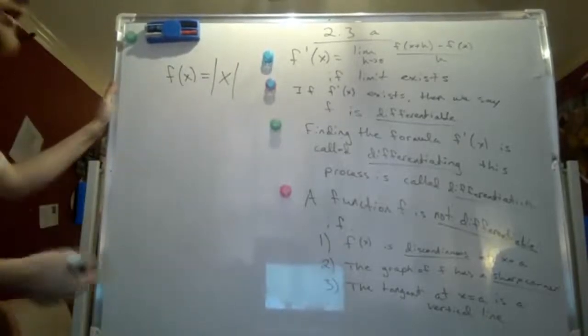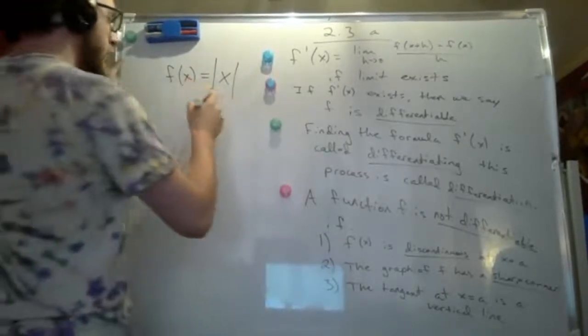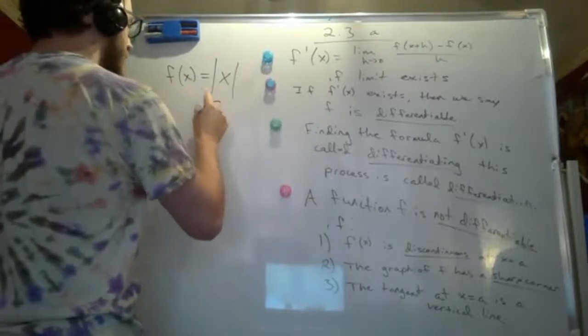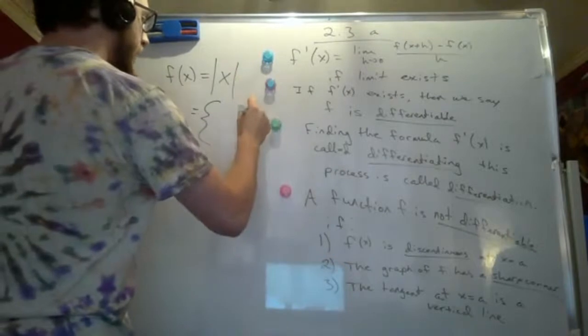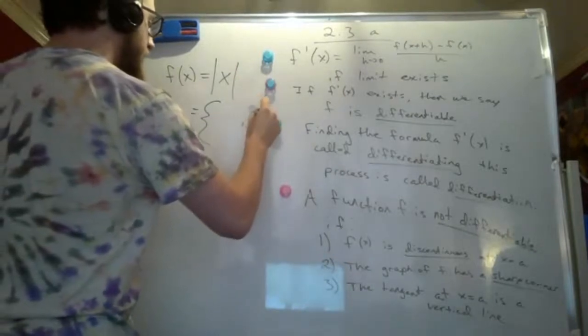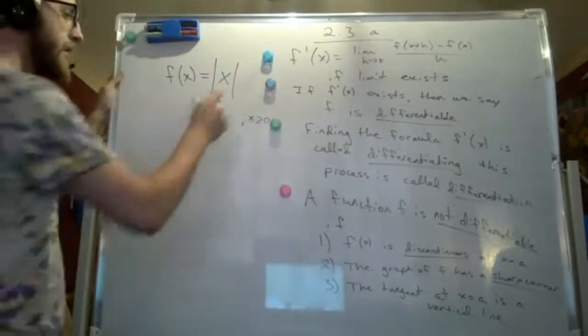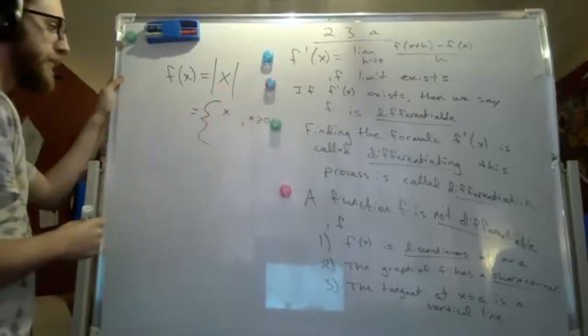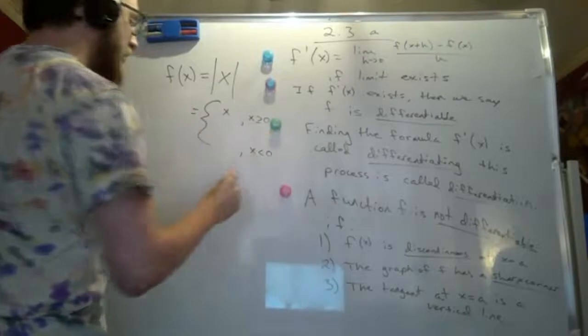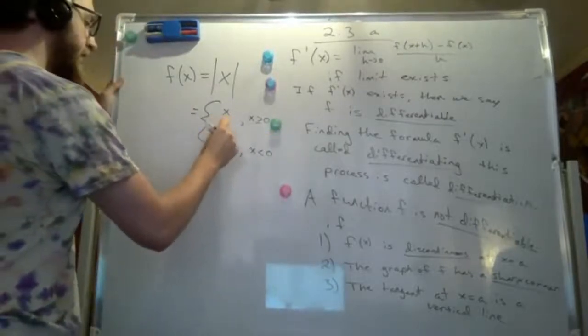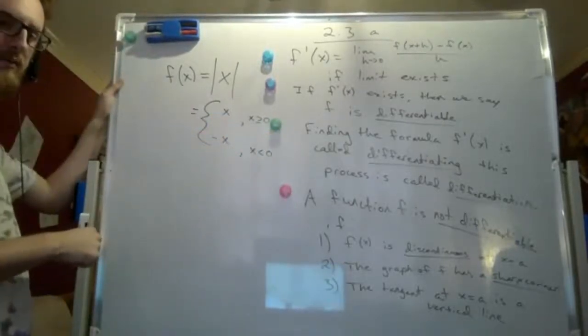In other words, we can break this up into a piecewise function for positive and negative numbers. If we're looking at the positive x's, or when it's 0, then it's just the x line. And if we're talking about negative numbers, we throw on an extra negative to make it positive again.